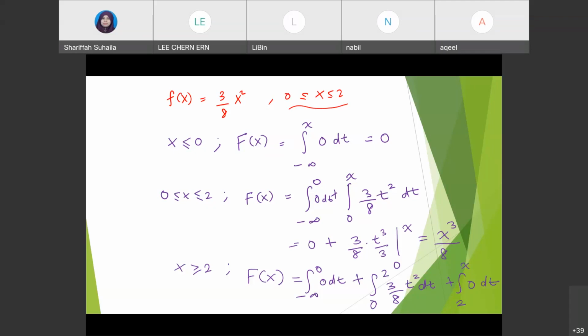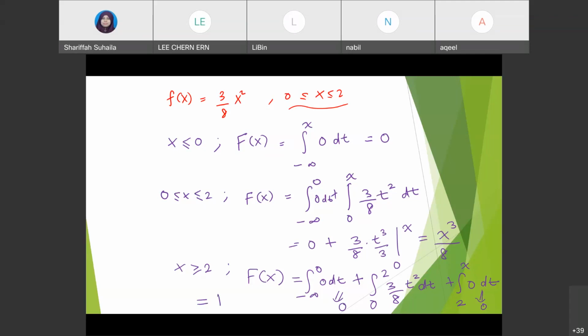Okay. So, bila kamu selesaikan this one, of course, 0. Ini pun sama juga 0. Bila kita integrate 3 over 8 t square dt ni, it will give you the value should equals to 1. Selesaikan dulu, tunjukkan je sikit jalan kerja dia. You integrate that one, so you get 1.